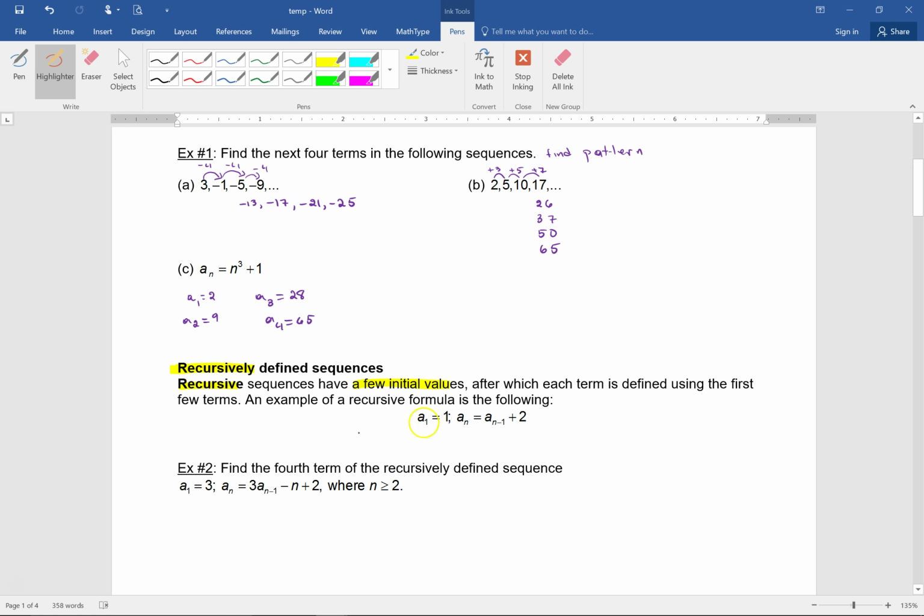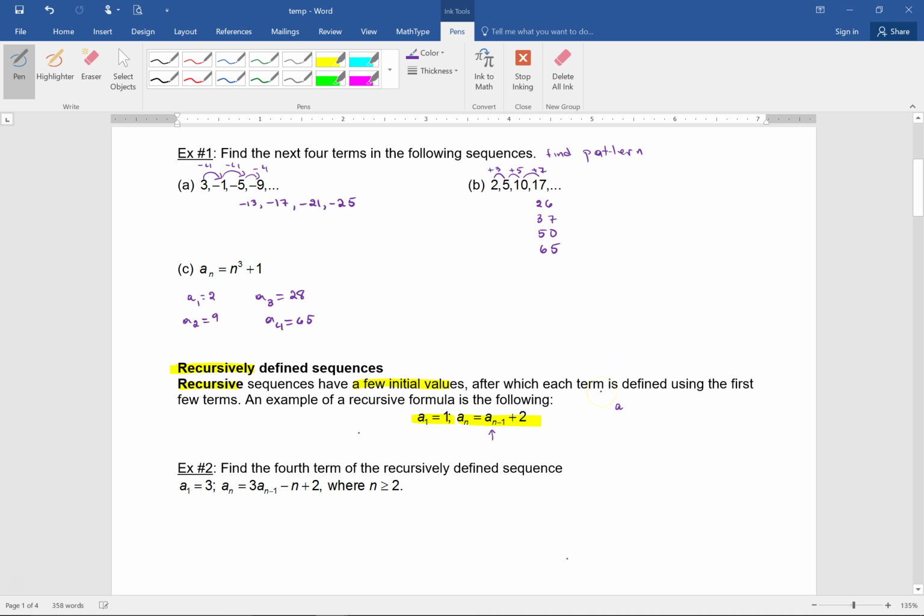So for example, look at this one. A1 is 1. That's the first term. And every other term, look, AN is AN minus 1 plus 2. So what does AN minus 1 mean? It's the term right before.